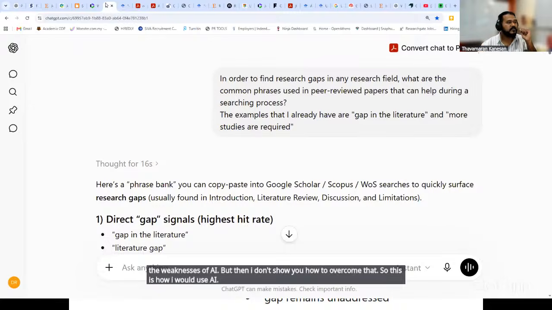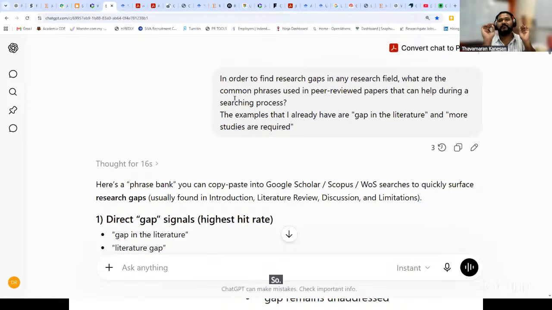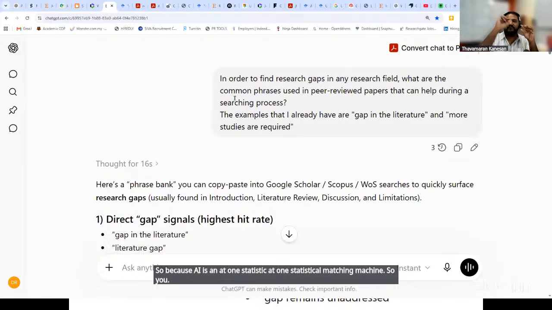AI is an advanced statistical matching machine. You give A, it takes A and matches for an answer: what looks like A, what looks like A. Matching, matching, matching.